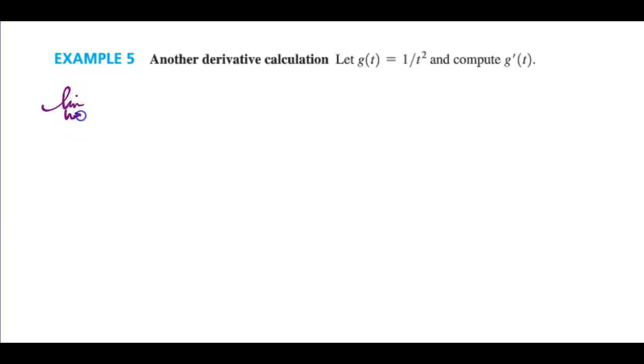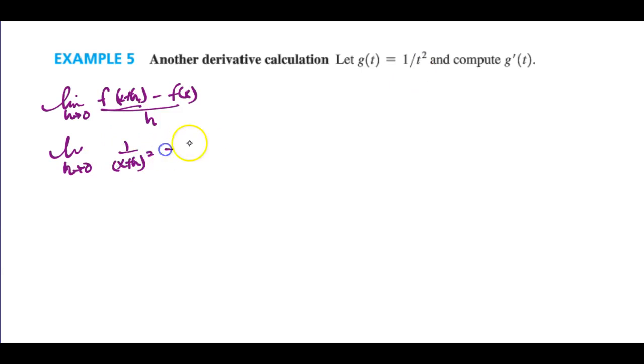The limit as h goes to 0 of f of x plus h minus f of x all over h. In this case, it's the limit as h goes to 0. Go to the function and plug in x plus h minus the entire function. Well, again, nothing to distribute here.